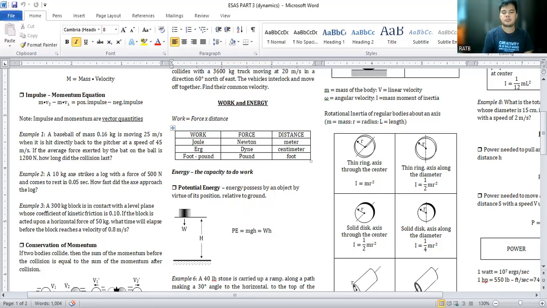Then we define energy as the capacity to do work.